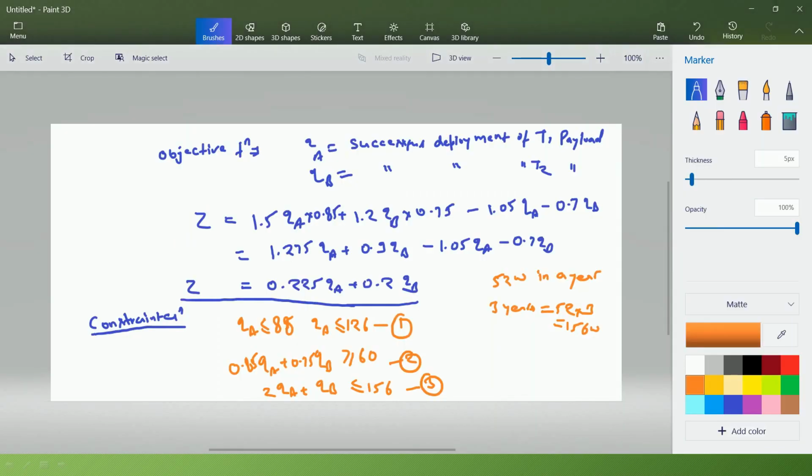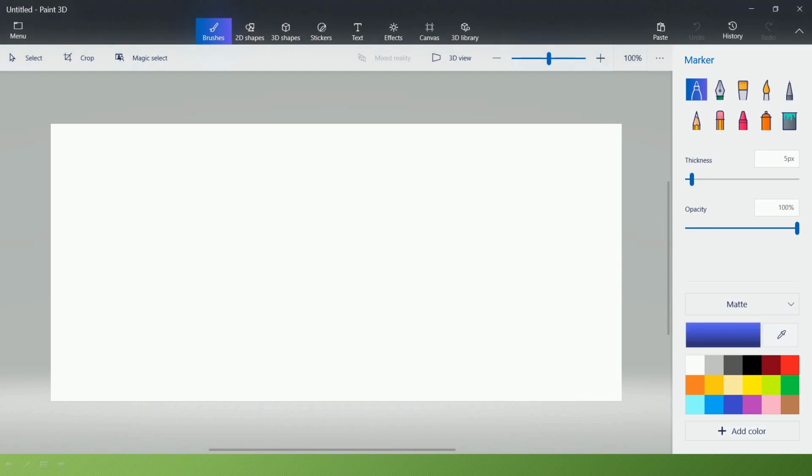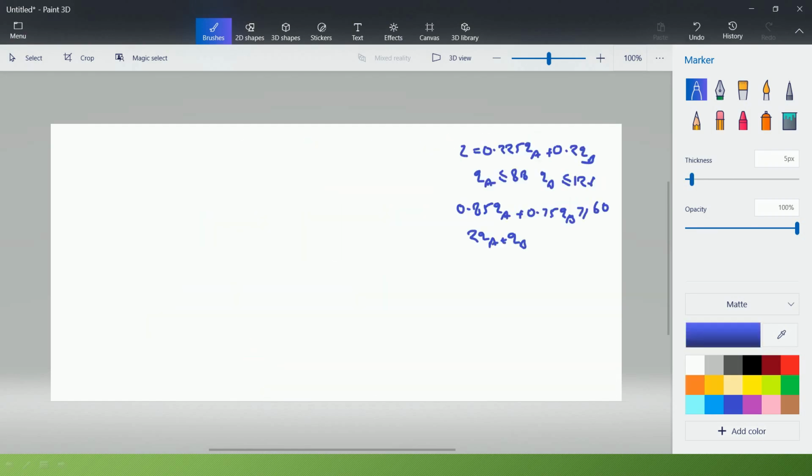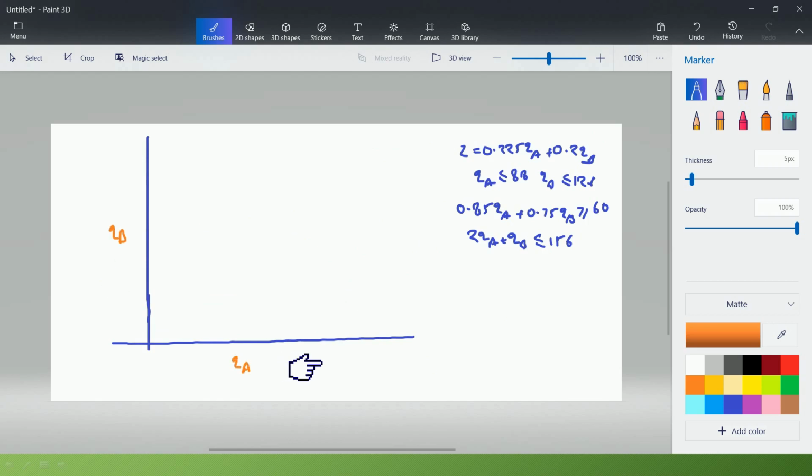Now let us solve this problem using the graphical method. So first let me write the objective function here. Considering QB in this direction and QA in this direction, the maximum value of QA should be 88.